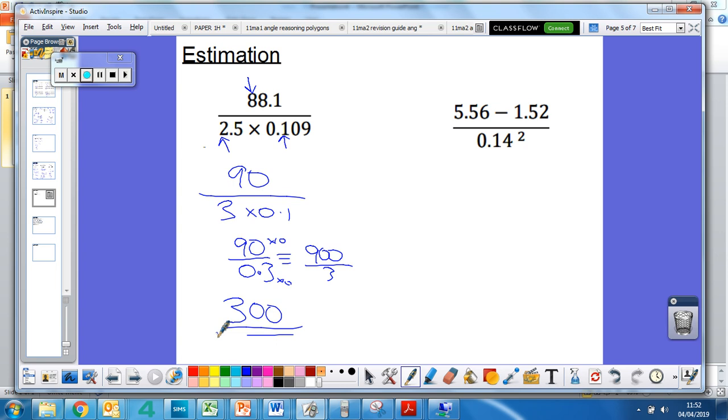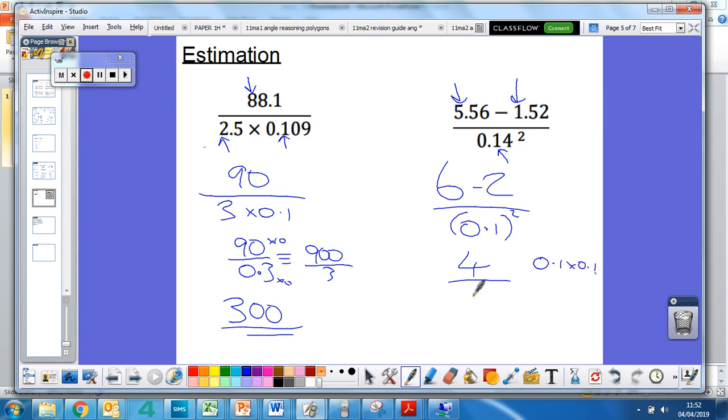Again, here's another question. 5.56, we're not scared. We round it to one significant figure. 6, one significant figure. 2, one significant figure. 0.1. 0.1 squared, that's a bit weird, isn't it? On the top, we have 4. On the bottom, 0.1 squared. It means 0.1 times 0.1, which is 0.01.